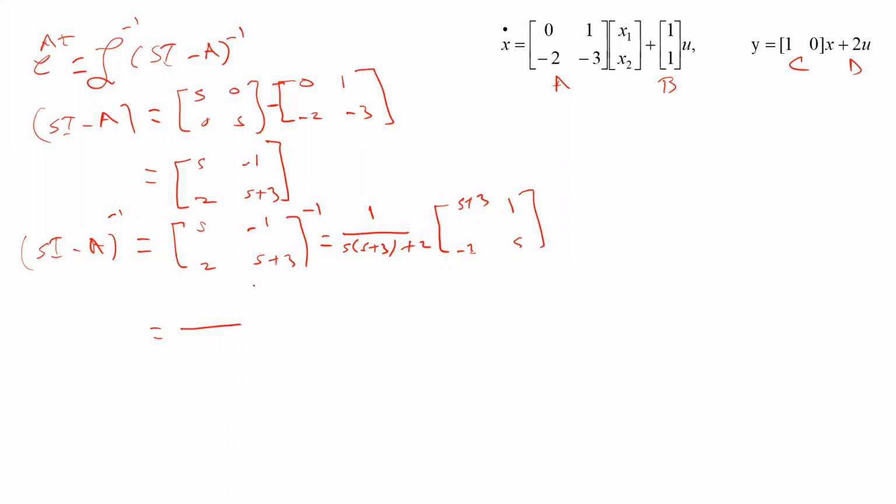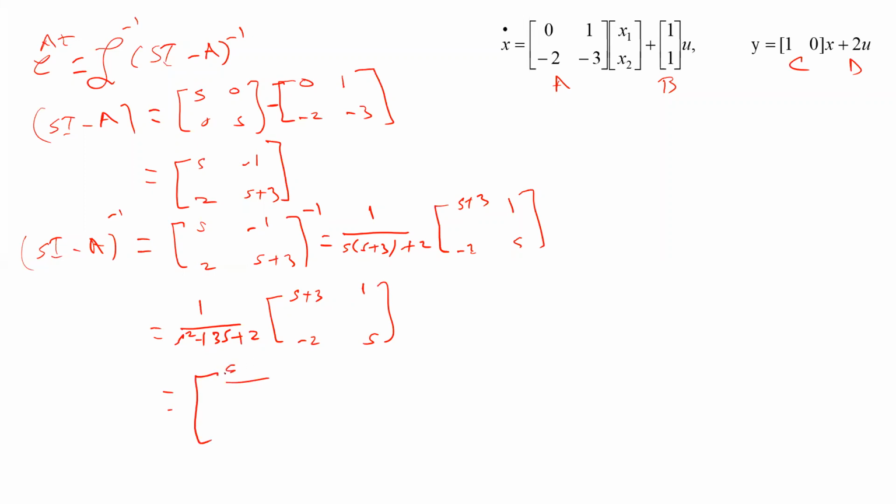Now, this is going to be 1 over S squared plus 3S plus 2 times the matrix S plus 3, 1, minus 2, and S. And let me factorize this one and put it in this format.